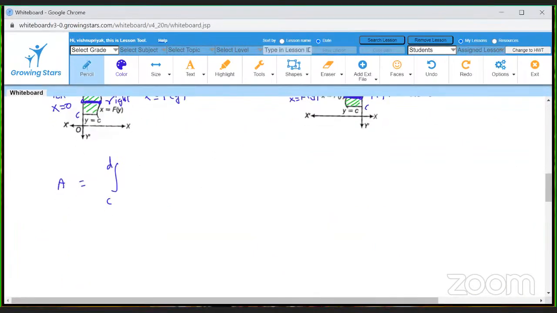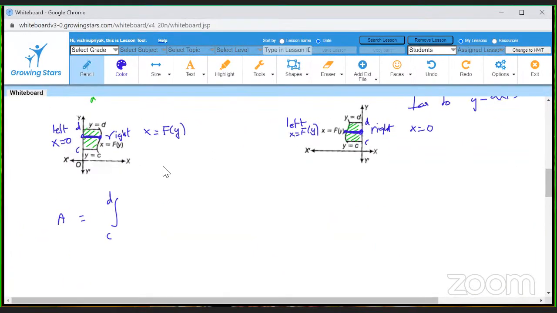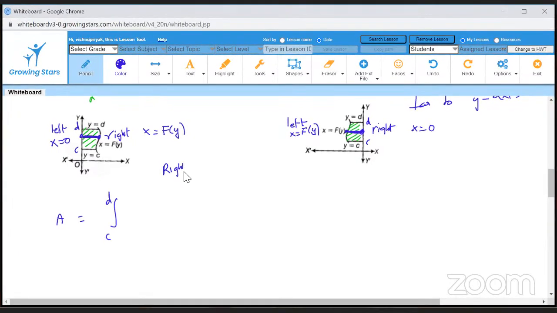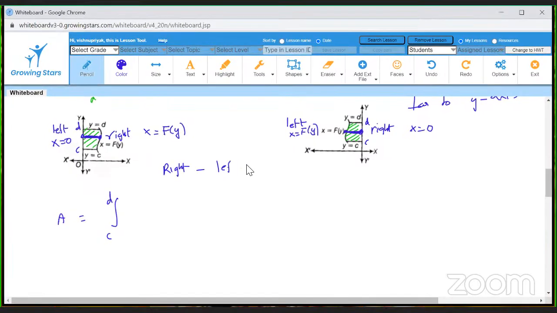But now c to d on y-axis, and we will take right minus left. This time not top minus bottom, we will take right minus left.